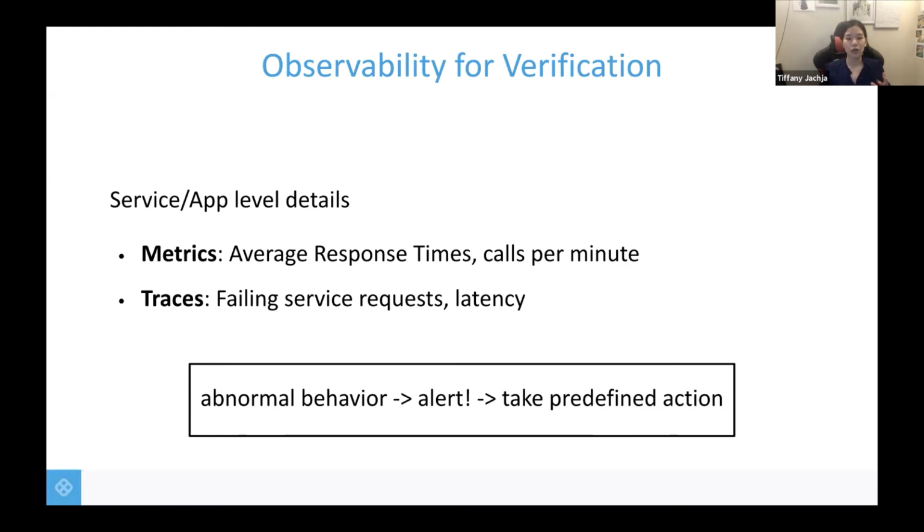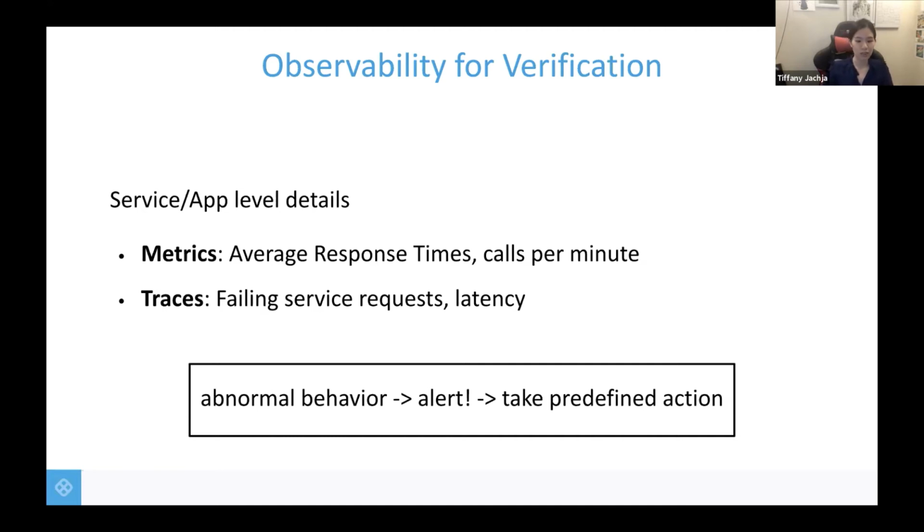And then you also want to track your latency and any failing service requests through your tracing solution. And so really these four components are a good start for you to be able to capture abnormal behavior in your applications so that you can be alerted and then you can also take predefined action in your pipelines.